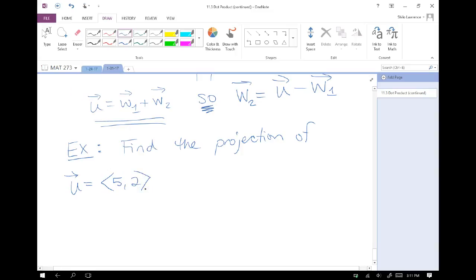I'm just going to do this in 2 dimensions for now. Drawing it in 3 dimensions is a little bit trickier. And with the 2 dimensions, we can actually draw the picture and see how this all plays out on the graph. So we're going to find the projection of U, which is 5, 2, onto V, which is -2, 1.